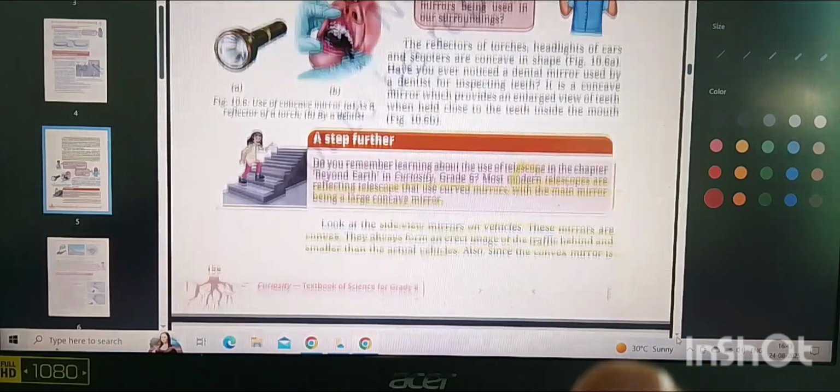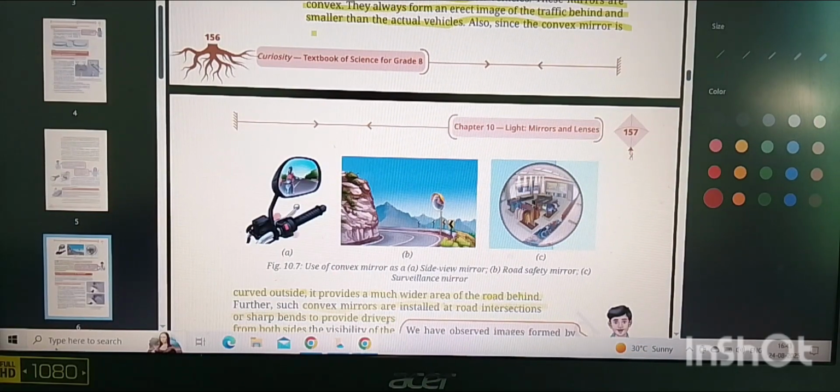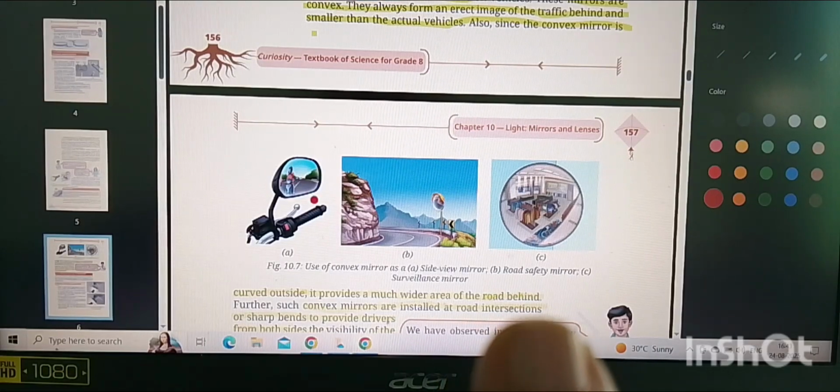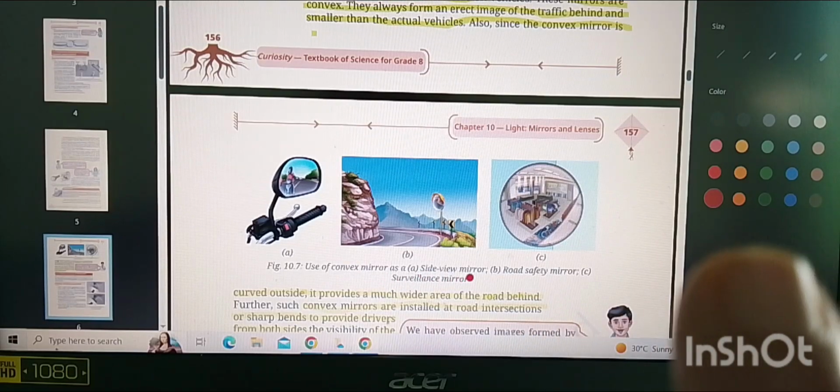And the applications of convex mirrors are here. You can see the side view mirror in vehicles, where it is always written that objects in the mirror are slightly smaller than they actually appear. So we use a convex mirror as a side view mirror.